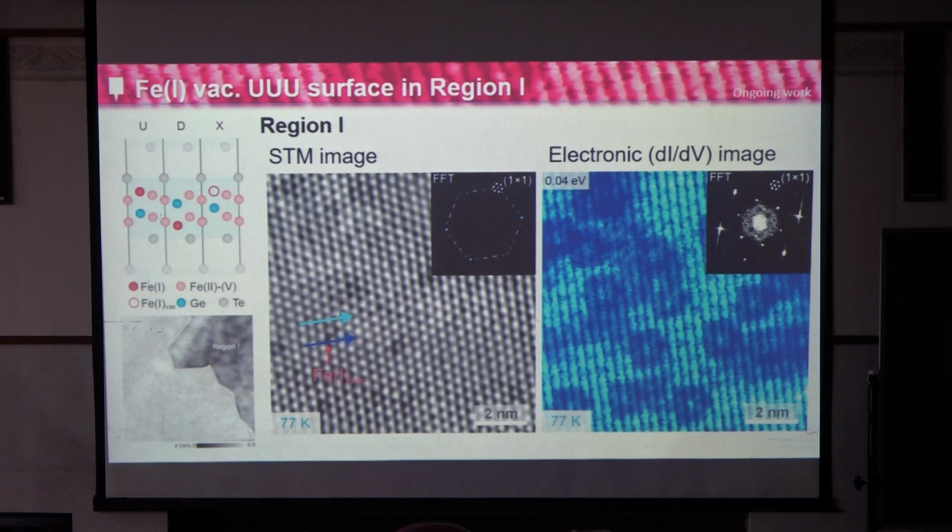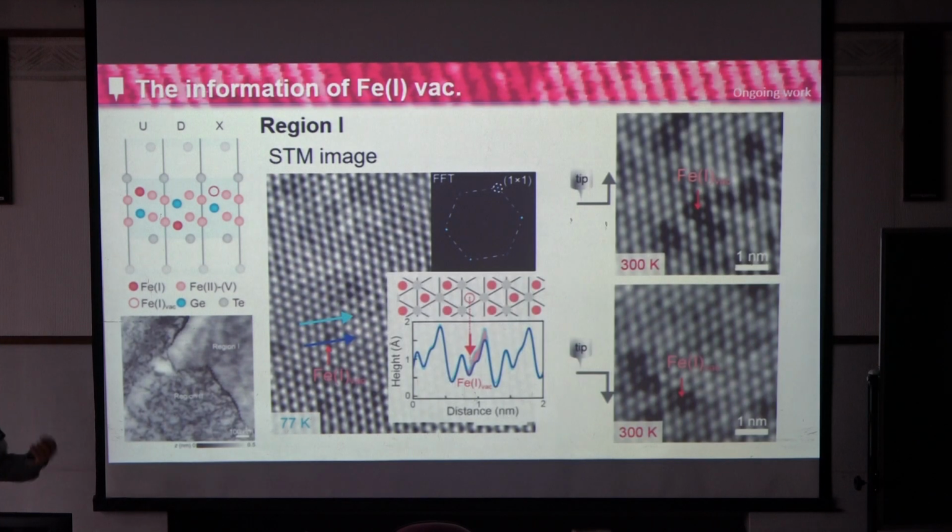We only consider it as the UUU arrangement of the Fe1 atoms, and it has Fe1 vacancies in this surface. Here are the details to determine the Fe1 vacancy, and we can use the height difference, which is indeed located at the Fe1 vacancy location.